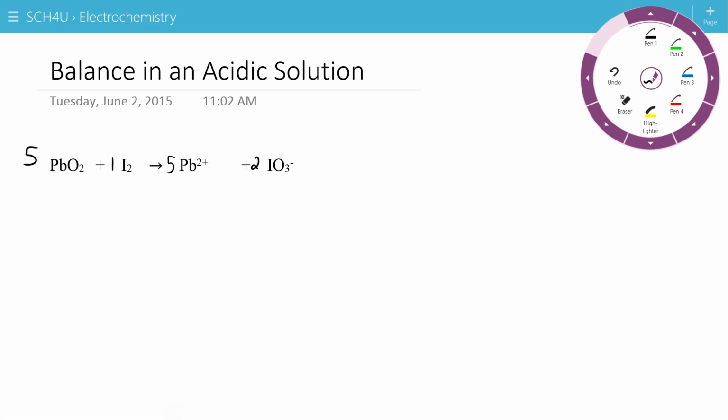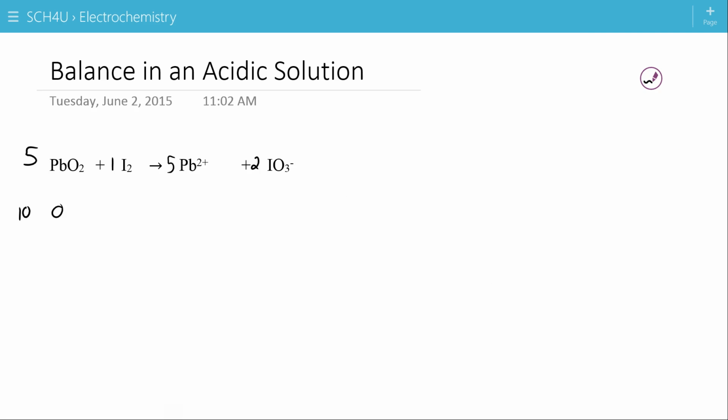Now, here I can see I have 10 oxygens on the right hand side. I'll just write oxygen so it doesn't look like a 0. And here I have 6 oxygens on the left hand side. And so I'm missing 4 oxygens here. That means that I need to add 4 water molecules, 4 H2O.